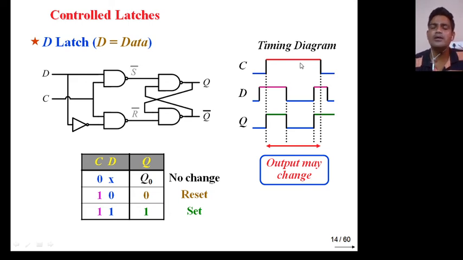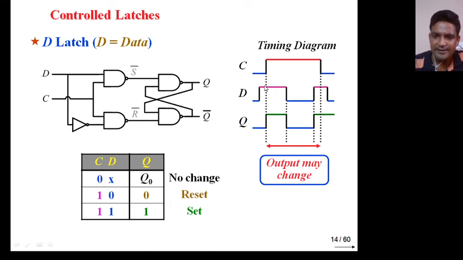In case of edge triggering there is no problem, but when we use level triggering, from here to here output will change according to the value of input.